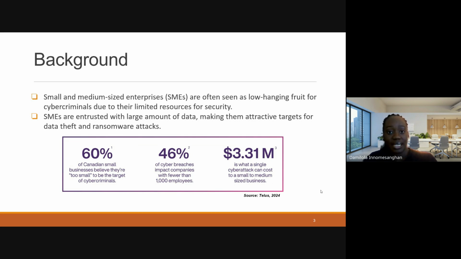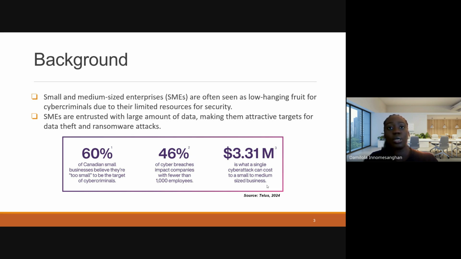Service provider SMEs, especially due to the nature of their businesses, which cut across different industries like healthcare, finance, and IT, are entrusted with a vast amount of data. This is also one of the reasons why malicious actors find them very attractive.